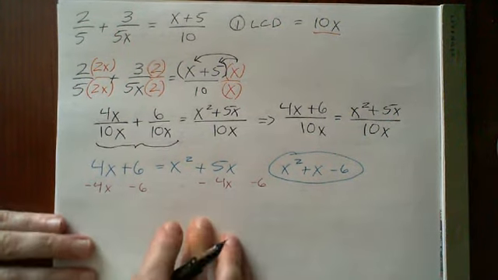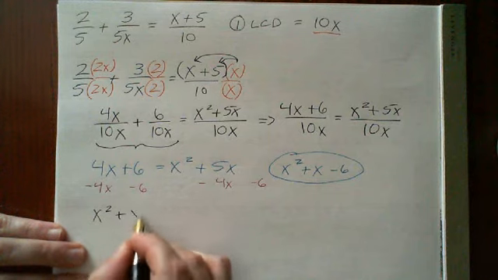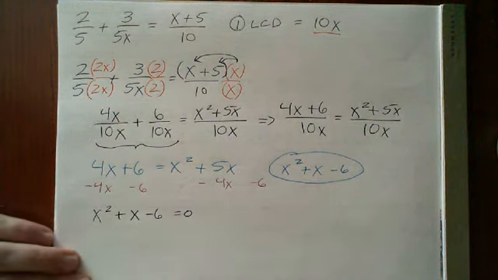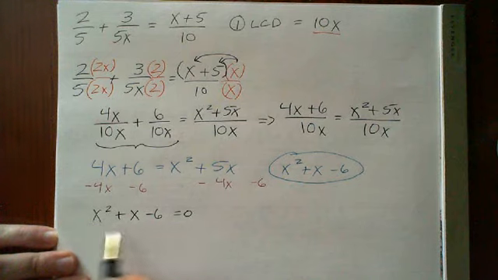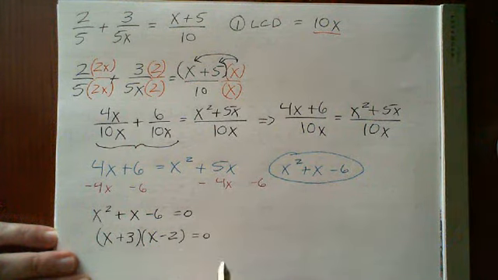So remember, when we have quadratics, we can solve quadratics a lot of different ways. I'm going to set the quadratic equal to 0 and solve for x. We can use quadratic formula, completing the square, factoring. This one, you could even graph it in GeoGebra. But this one's pretty easy to factor. It's just x plus 3 times x minus 2 equals 0.